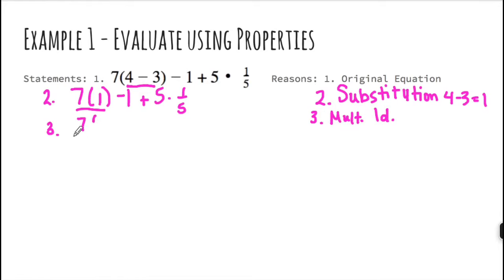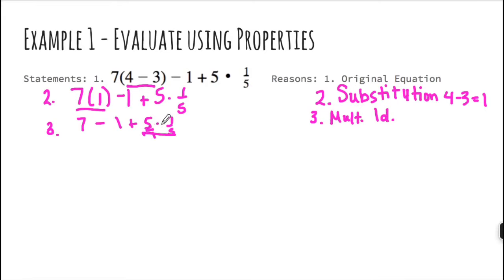So now let me write out what I have left. So I did 7 times 1 is 7, plus 5 times 5 times 1/5. Okay, so multiplication again, my next step is going to be here, and I have 5 times 1/5. So this is 5 over 1 times 1 over 5.